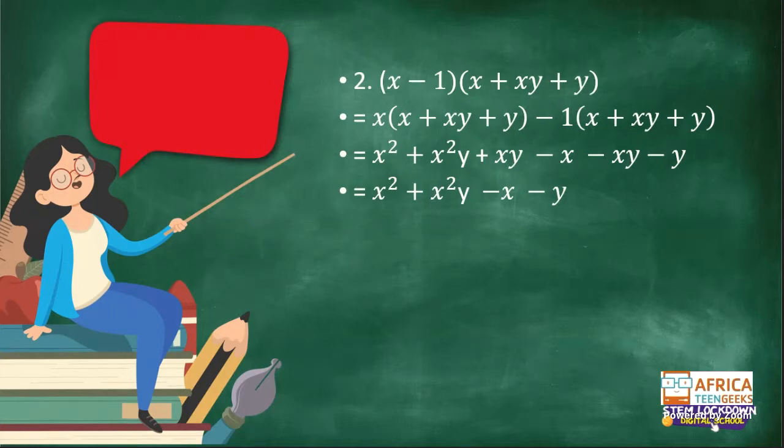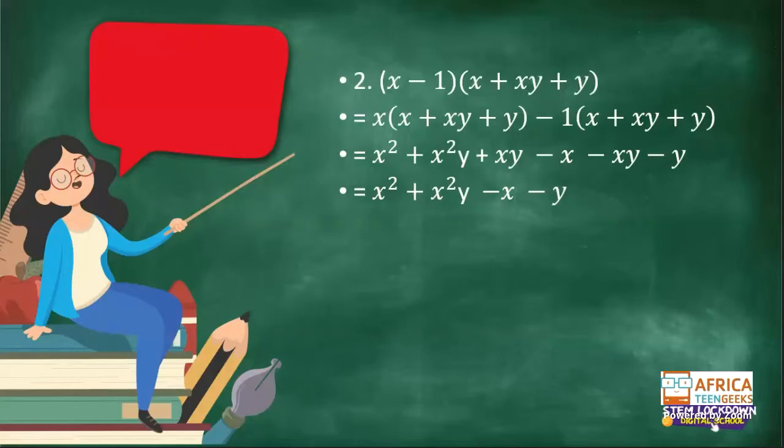You can see that one of the xy's is positive and the other is negative. It should then be very clear at this point that the -xy and the +xy cancel: xy minus xy will be 0.